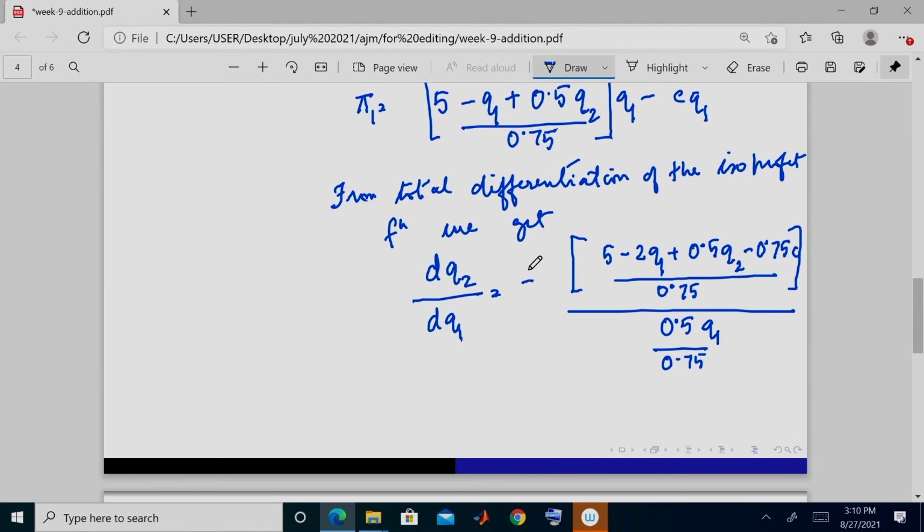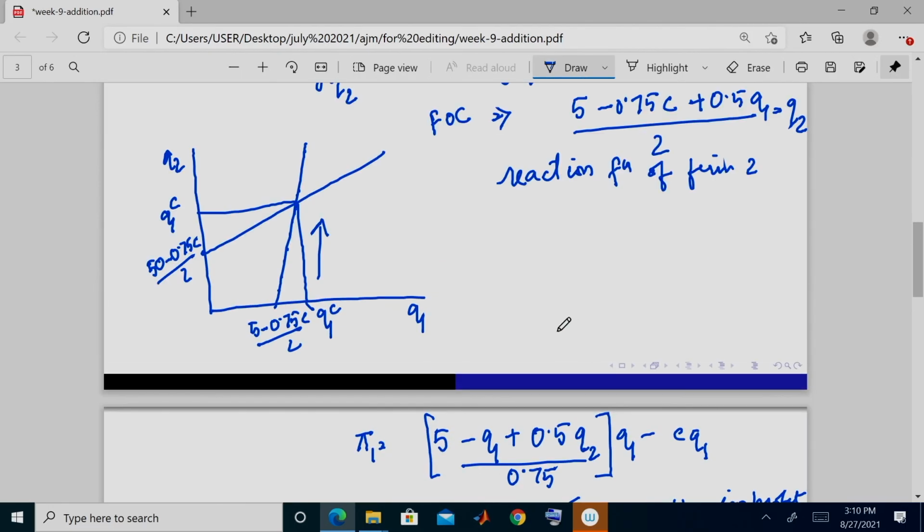So, this is going to be this. Now, here look, this portion is actually the reaction function of firm 1.